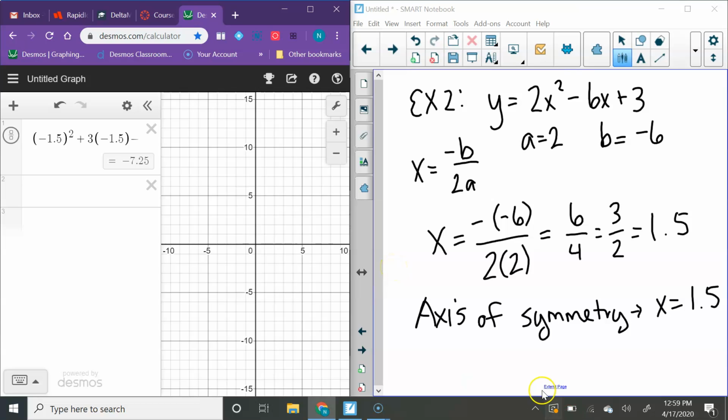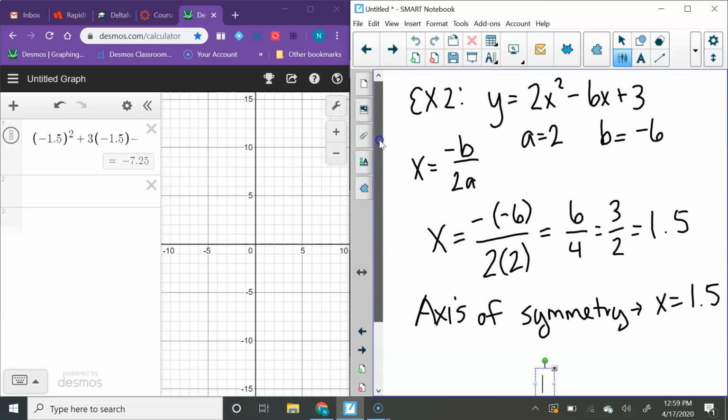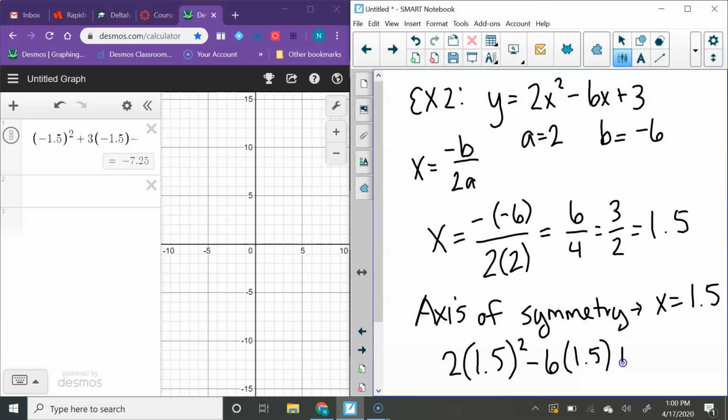Now, if we also want to find the vertex, then all we have to do here is plug 1.5 into our equation. So in this case, we would do 2 times 1.5 squared minus 6 times 1.5 plus 3, and it is fine with me if you use your calculator to do that.